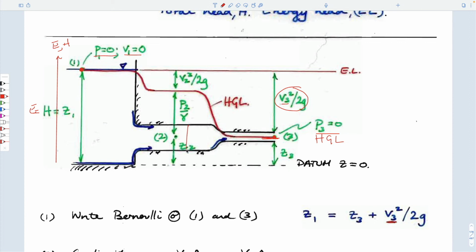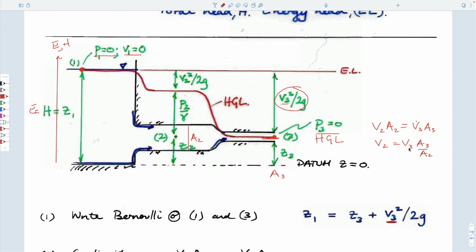We know that this has an area A2, this has an area A3, and we know that V2A2 is equal to V3A3. We therefore know that the second velocity is equal to just the ratio of those areas.